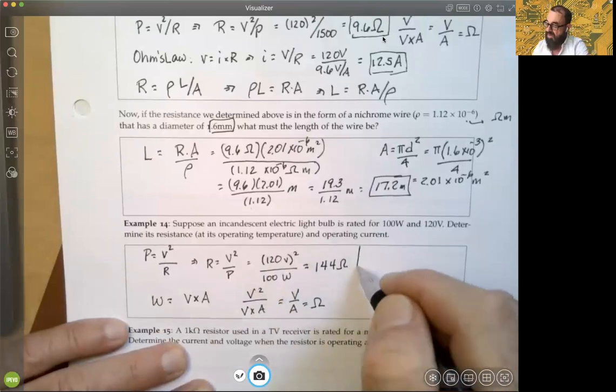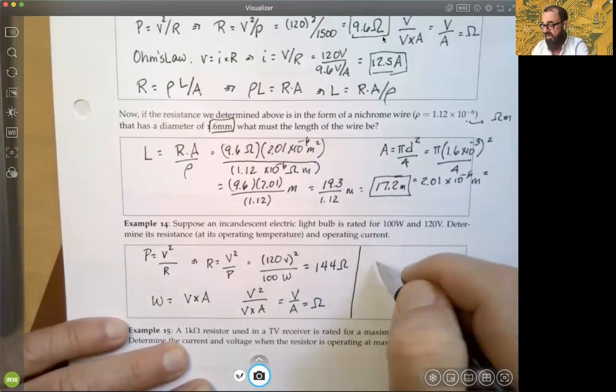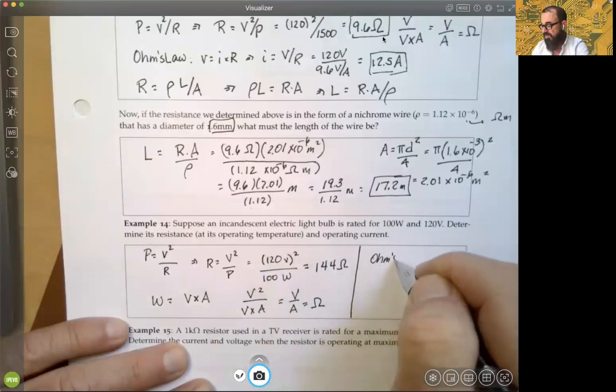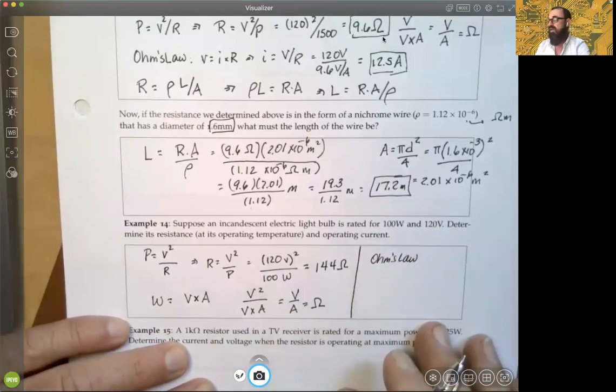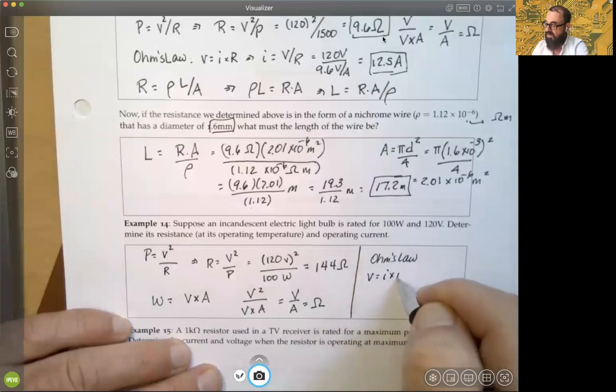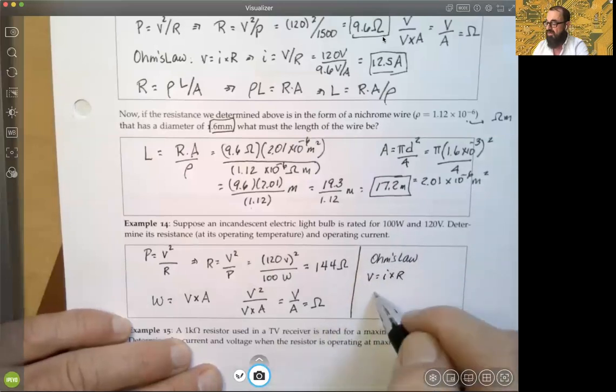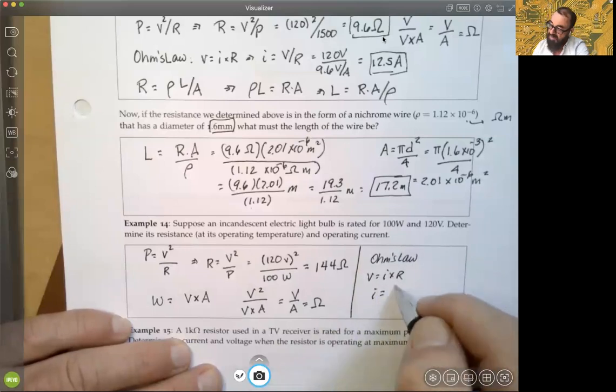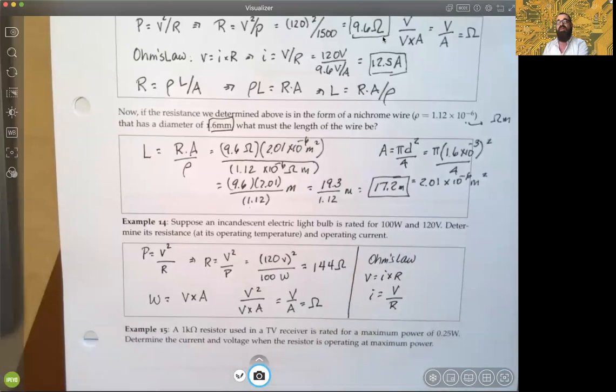You're also asked to get the operating current. Again, we'll use Ohm's law. And with Ohm's law, we know that, again, you can start with the fundamental definition and then solve for what you need. We're asked for current. So current is the ratio of voltage to resistance, okay?